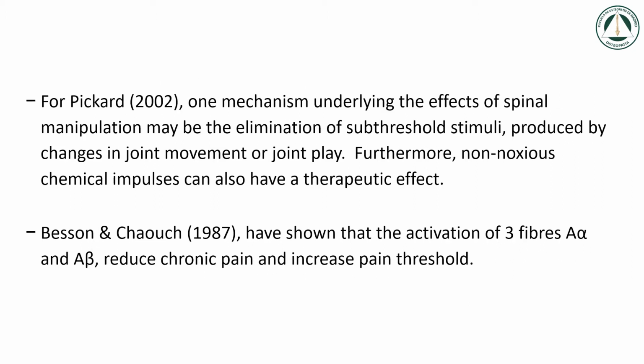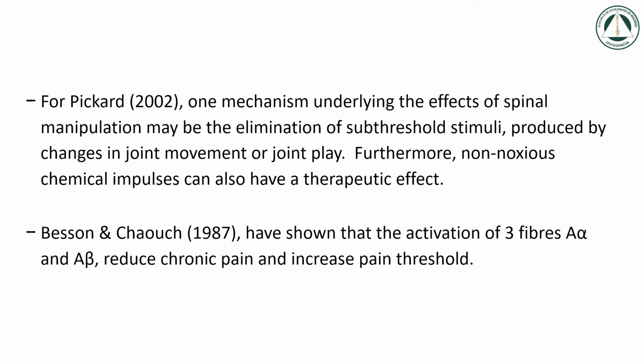For Pickar, 2002, one mechanism underlying the effects of spinal manipulation may be the elimination of subthreshold stimuli produced by changes in joint movement, or joint play. Furthermore, non-noxious chemical impulses can also have a therapeutic effect.